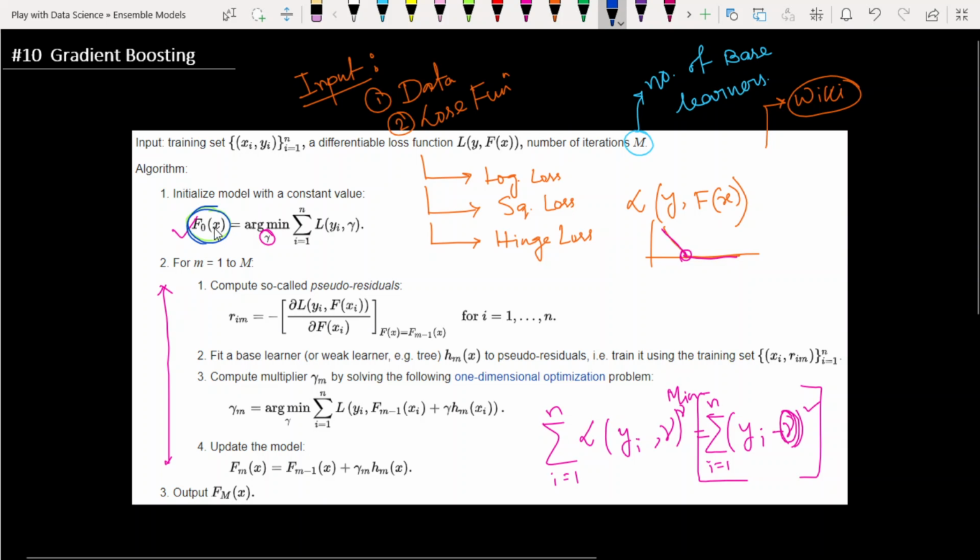This f naught of x is our initially assumed model, which is h naught of x, as we have already seen. After the initial stage we start our iterations. These iterations will help us build the iterative model hm of x. How we build these models, we have already seen using the data sets.